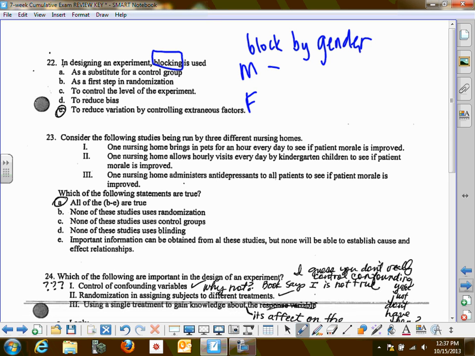So, these are homogeneous groups because they have all the same characteristic of gender. So then you're only comparing male against male. So that's called reducing variation. Homogeneous is like all the same. That is reducing the variation. Okay, so that's why that's that.